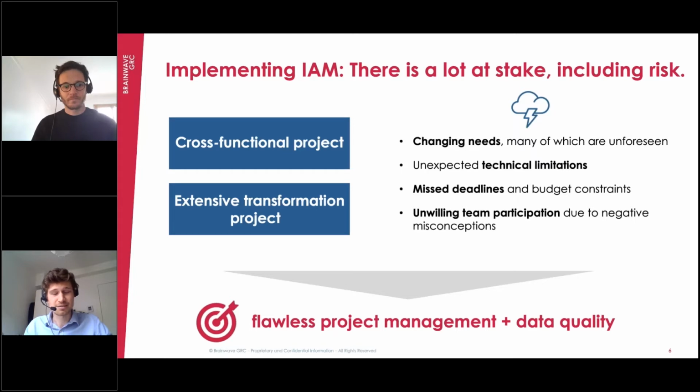Yes, and this is true for every kind of project, but especially for identity and access management systems, data quality is the key. Because without data quality, people cannot rely on your tool. People cannot follow the process you are asking of them. So we need to be very careful about data quality.